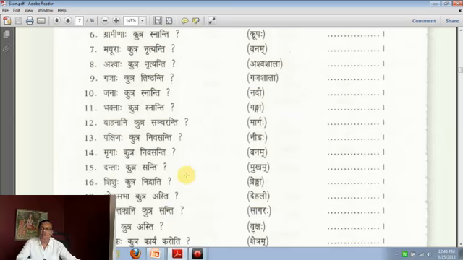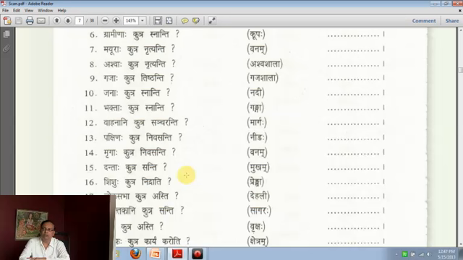This is very simple practice. Viewers, please do it for yourself and also follow. दन्ताः कुत्र सन्ति? Where are the teeth? दन्ताः मुखे सन्ति. Teeth are in the mouth. शिशुः कुत्र निद्राति?